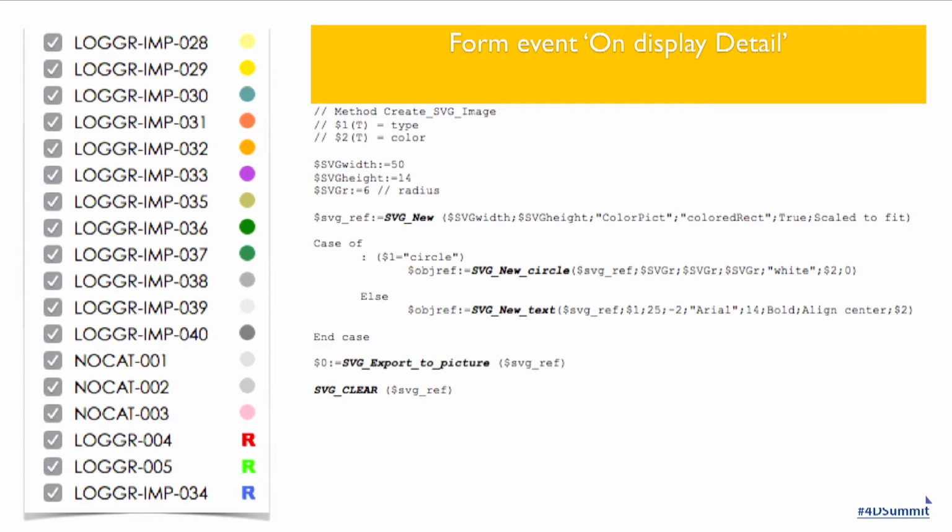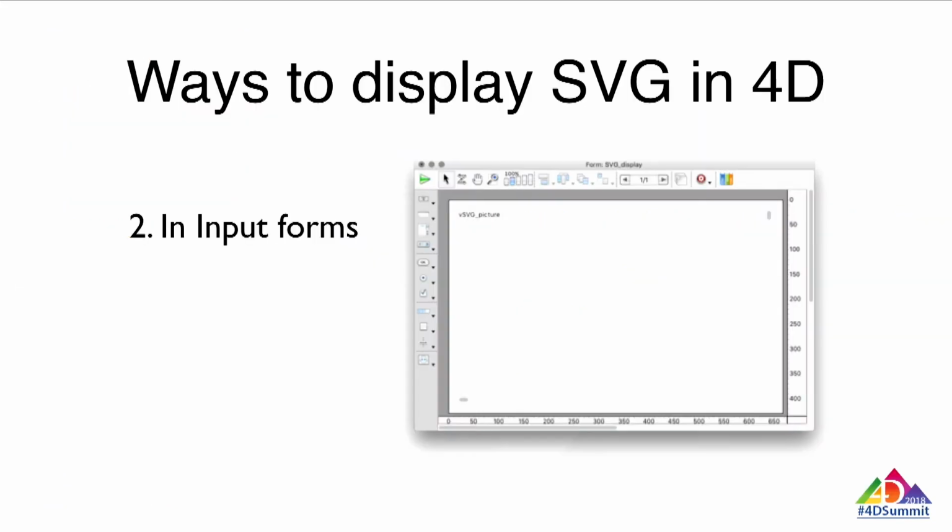We do a case of in just to decide whether to put a circle there or to put the big R there, which is the text. And last thing we do is export to picture, which is the command to actually translate the XML and the SVG to the picture array that is there. That's the only thing that's done to display that in a list.